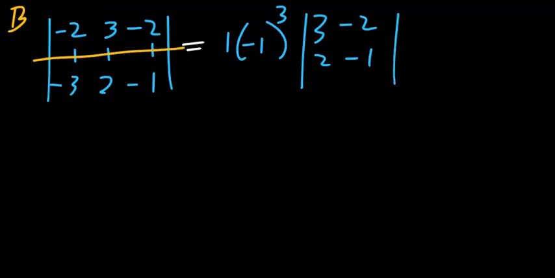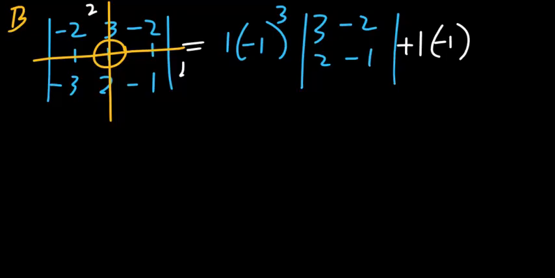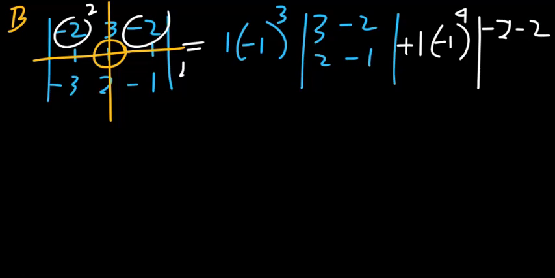Now let's move on to the second element. Again, it is 1, so plus 1. The cofactor is minus 1, this is column 2, row 2, 2 plus 2, that is 4. And the order 2 determinant is minus 2, minus 2, minus 3, minus 1.